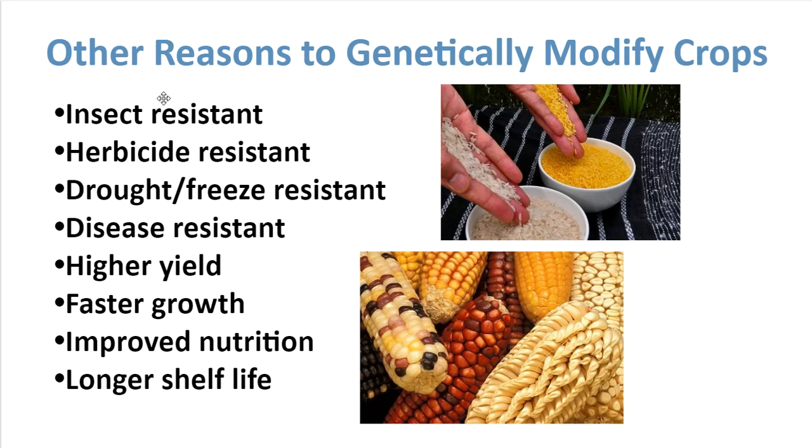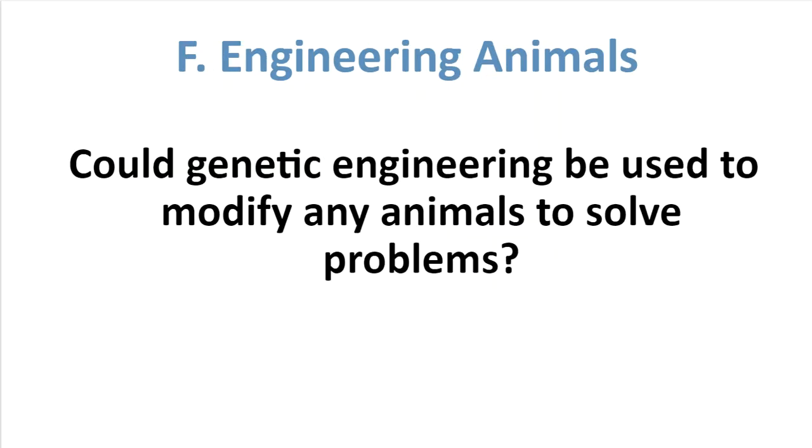Again, reasons to genetically modify: insect resistant, so we don't have to spray them with anything; herbicide resistant, drought and freeze resistant, disease resistant, higher yield, faster growth, improved nutrition, and longer shelf life. Those are all reasons to genetically modify our plants.